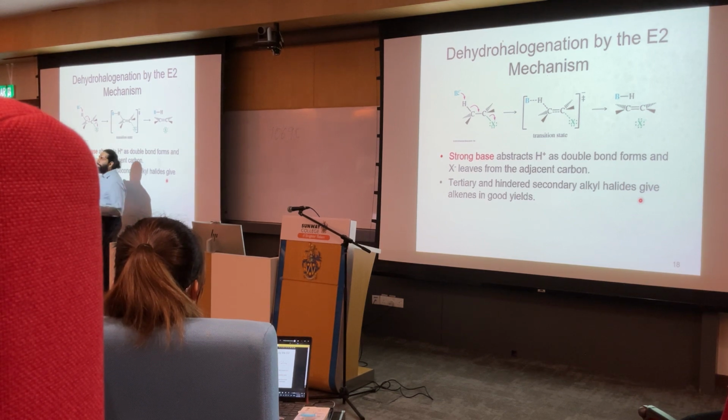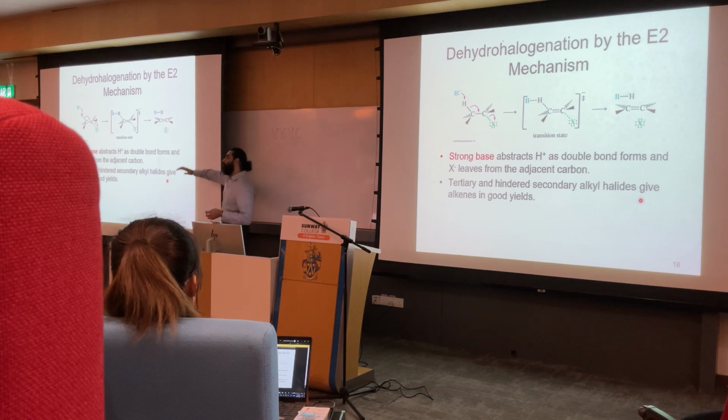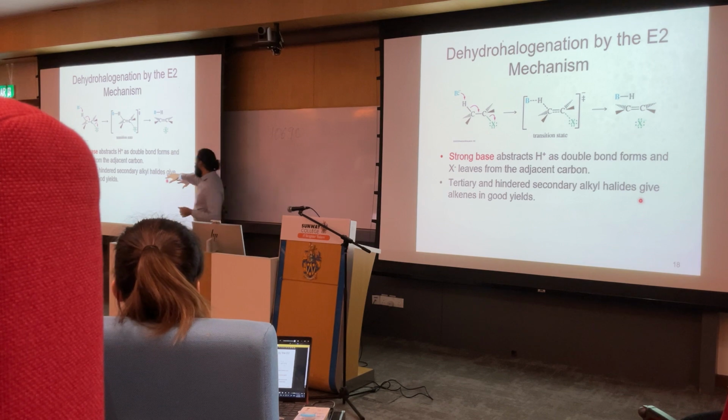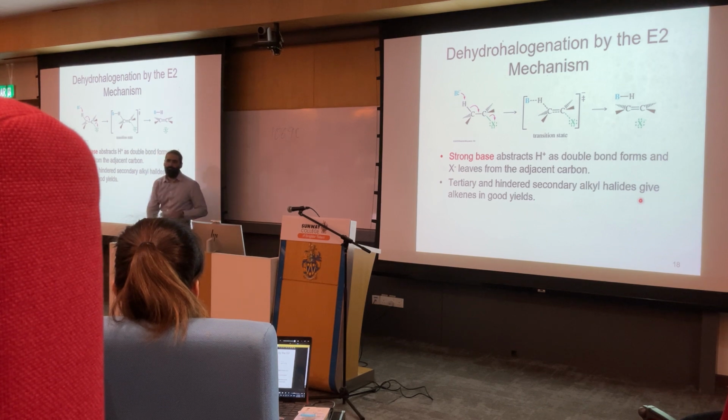So the type of alkyl halide that we have is also very important for the mechanism by which the elimination reaction will occur. For any reaction to occur by the E2 mechanism, the preferred alkyl halide would be tertiary and hindered secondary alkyl halides. What do you mean by tertiary and secondary alkyl halides?